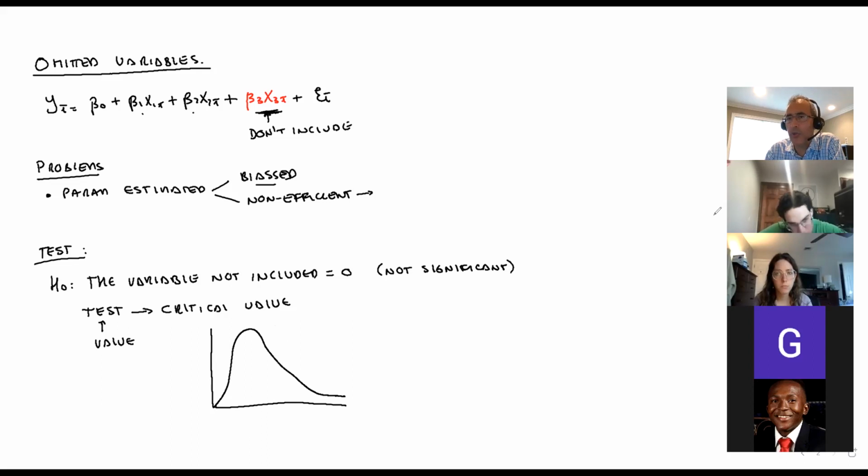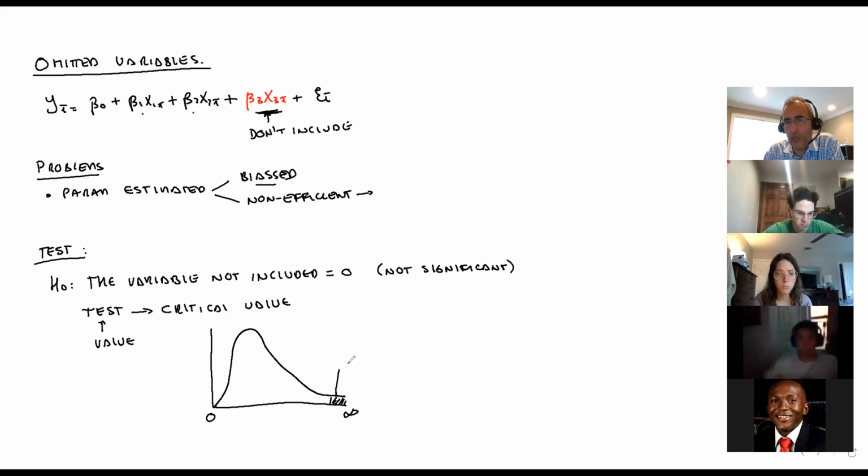That's why, as one of your colleagues was saying, it doesn't look like a normal. The chi-square goes from 0 to plus infinity, so it never goes to a negative number, and it's not symmetric. Normally we use 5%, so this is going to be my alpha, 0.05.